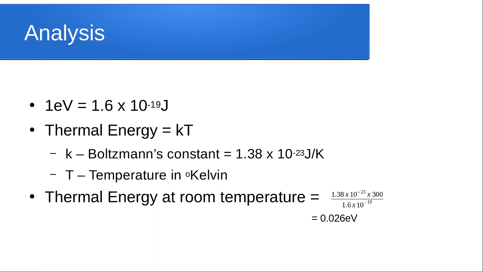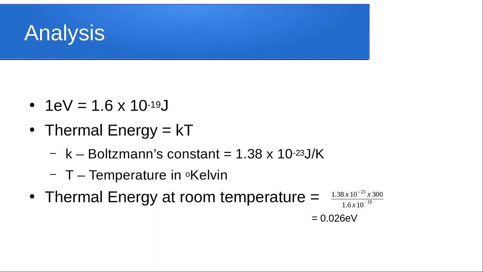So what will be the thermal energy at room temperature? It is equal to k, the Boltzmann constant, 1.38 into 10 raised to minus 23, into 300, which is the room temperature in Kelvin. That will be giving thermal energy in joules.